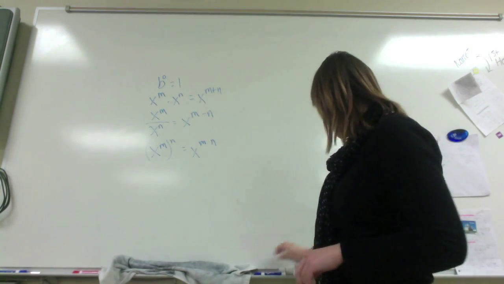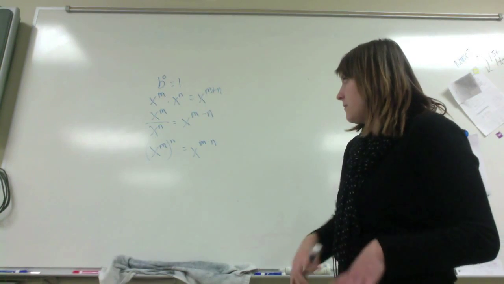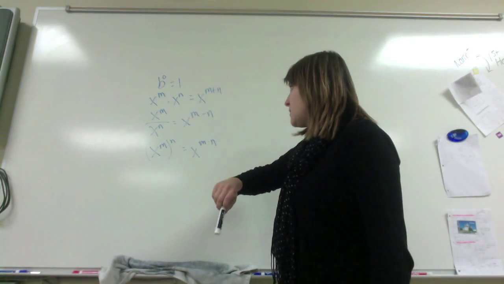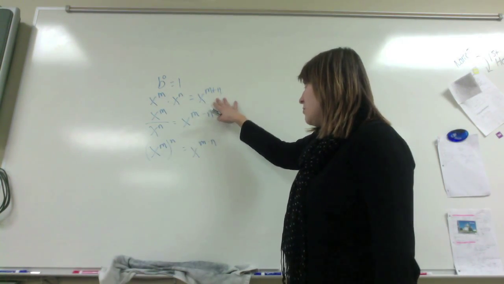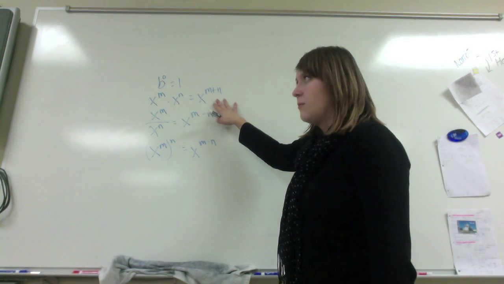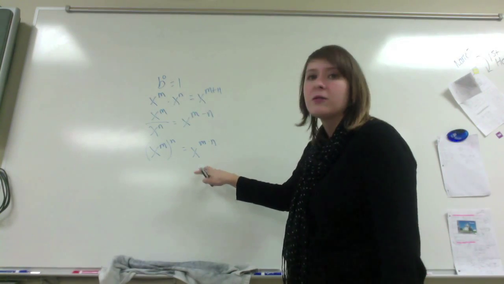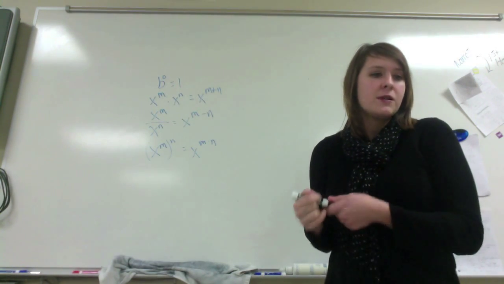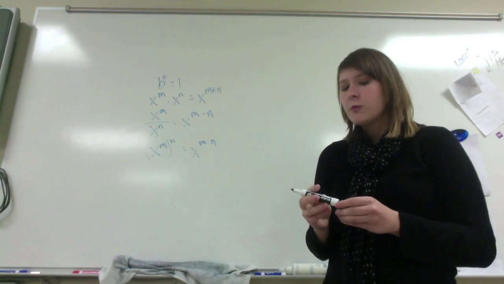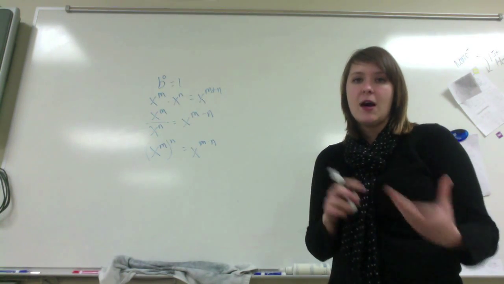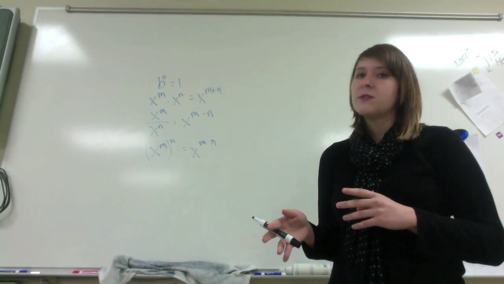Okay, so those are just your basic exponent rules here. We've got our 0 exponent rule, we've got our product of exponents, we've got our quotient of exponents, and we've got our power to a power rule here. So basically we have the same rules for logarithms, because remember that exponents and logarithms are just inverses of each other.